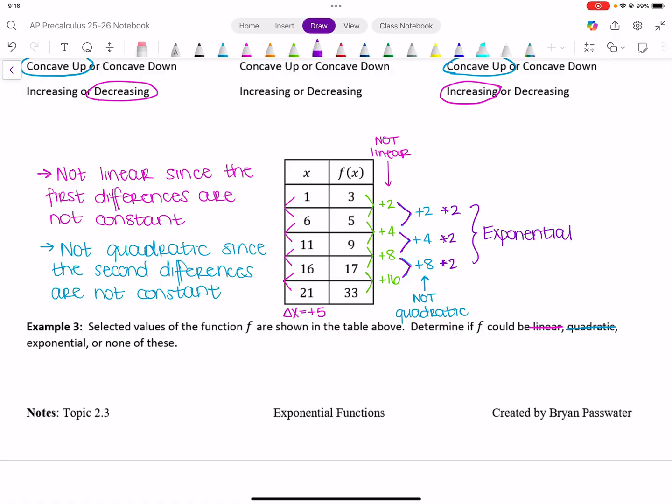But because our average rate of change and the change in our average rate of change have a common ratio, we know f of x is exponential.